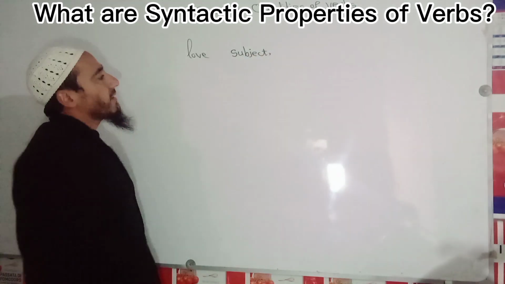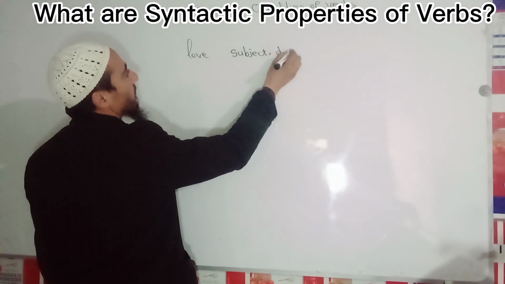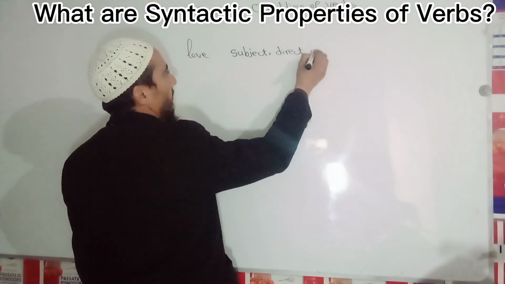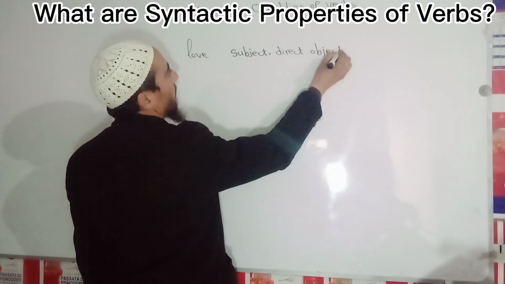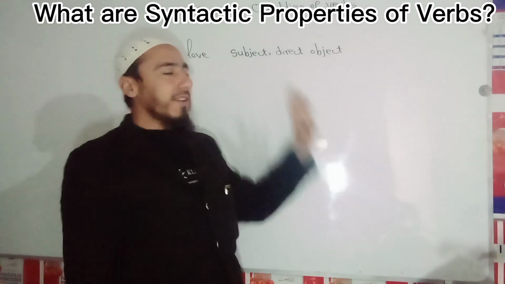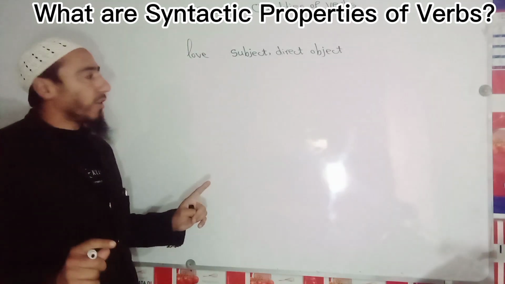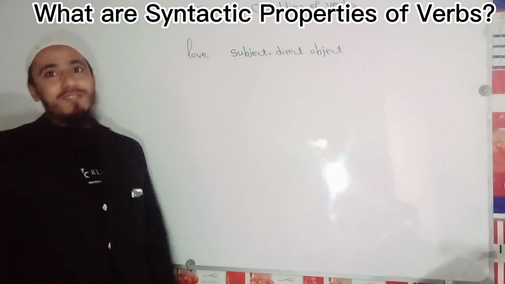The next argument for this is the direct object. One is subject and another is direct object. Now, it means there are two arguments for this verb.